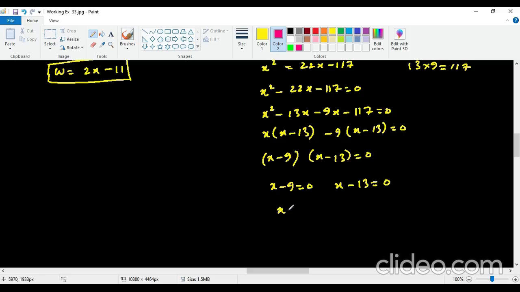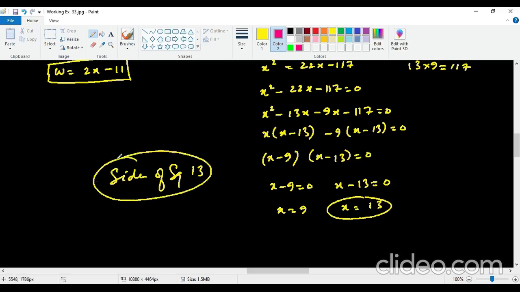So x equals 9 or x equals 13. So 13 is the side of the square. The square side is 13 or 9. This is the end of this exercise.